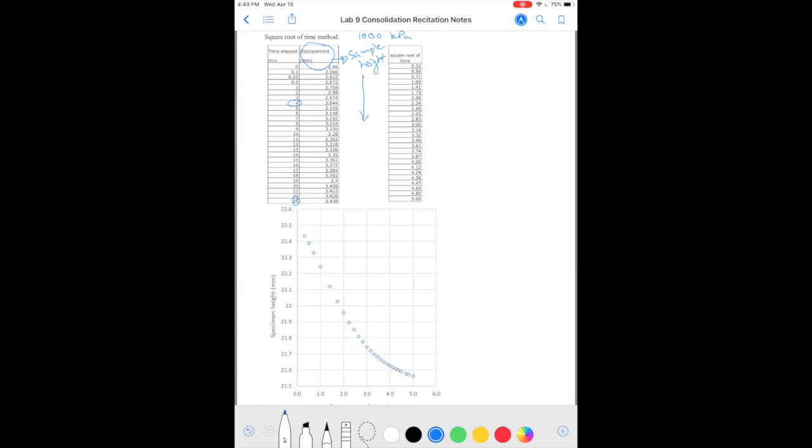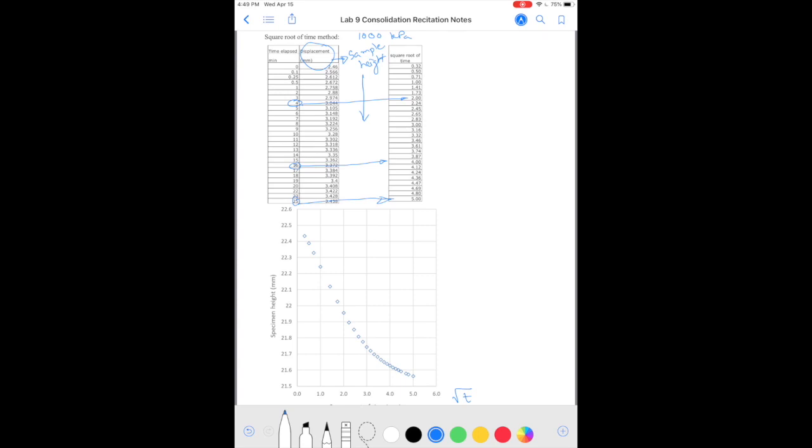So essentially the square root of 4 is 2, 16 is 4, and so on. 25 will be 5, right? Okay. So you have that axis, square root of time, presented on the x-axis. So this is square root of time, and specimen height is on the y-axis.